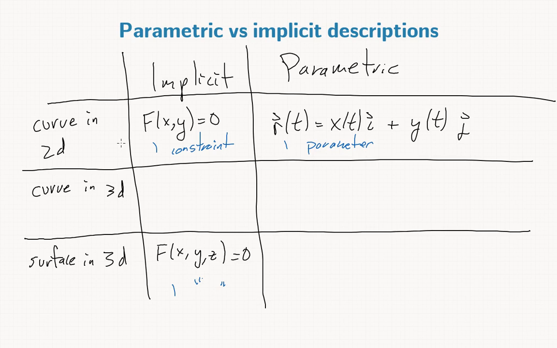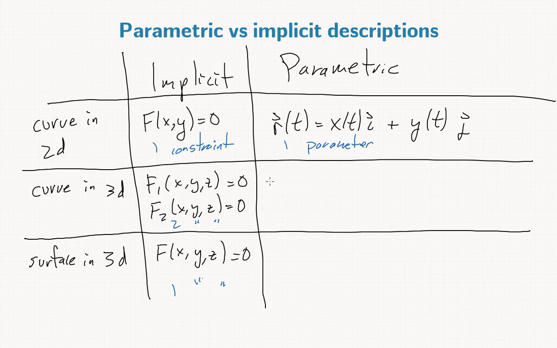But to describe a curve, we'll need two constraints. So this will give us a surface, and now we need to add a second one to cut down to a curve. So here we have two constraints.